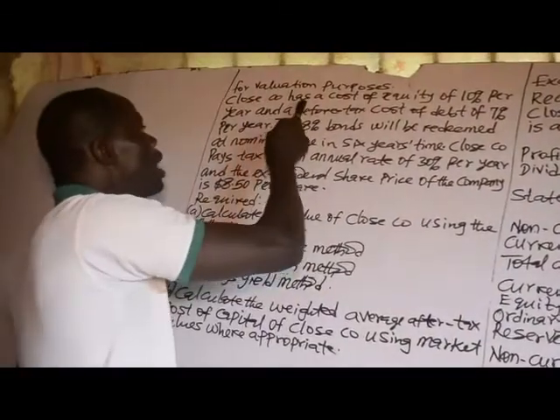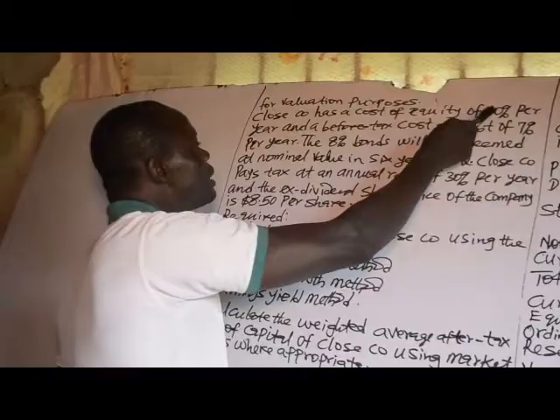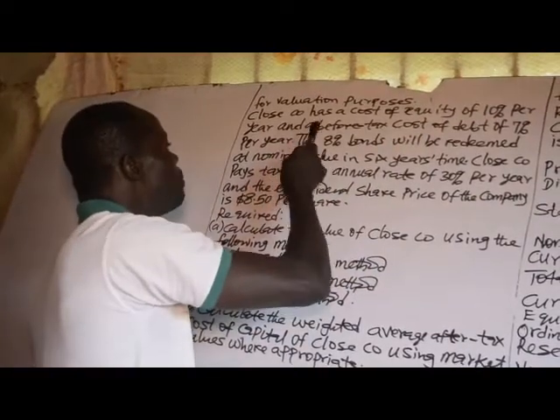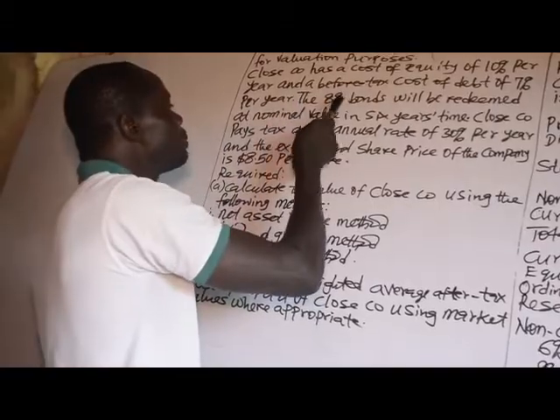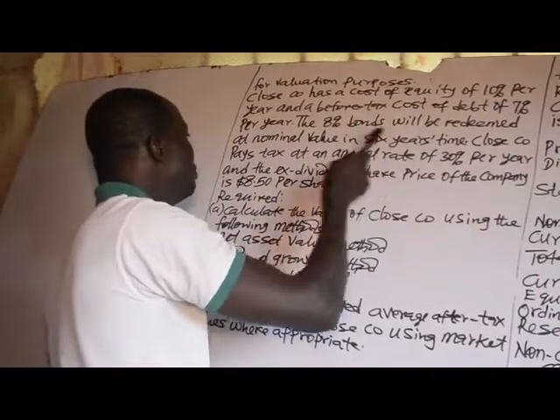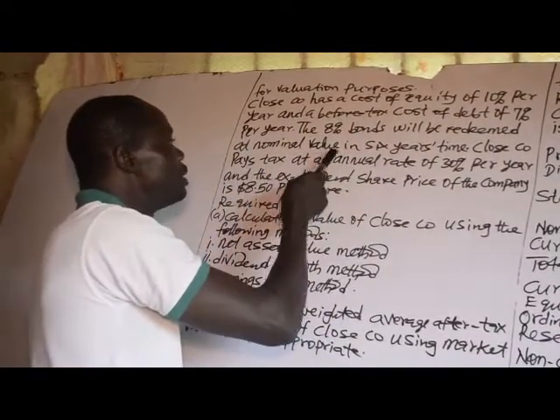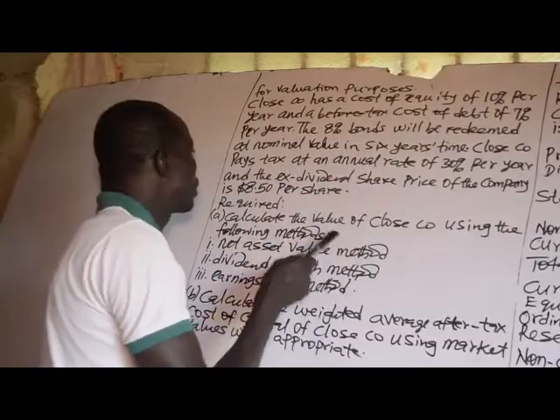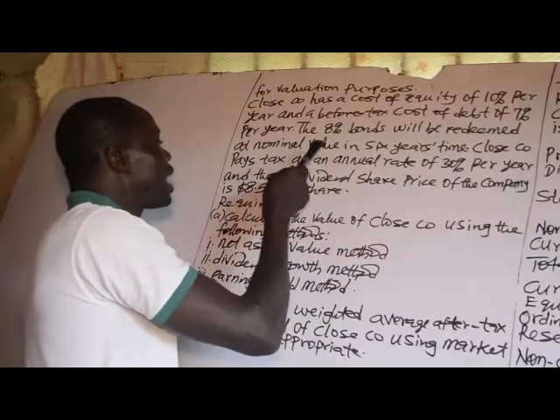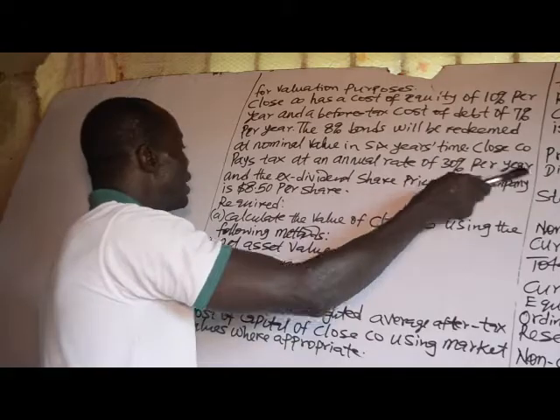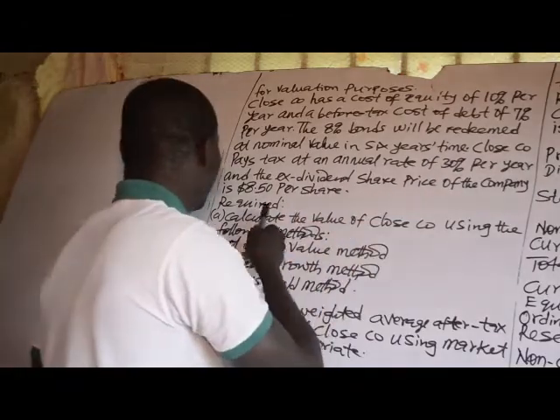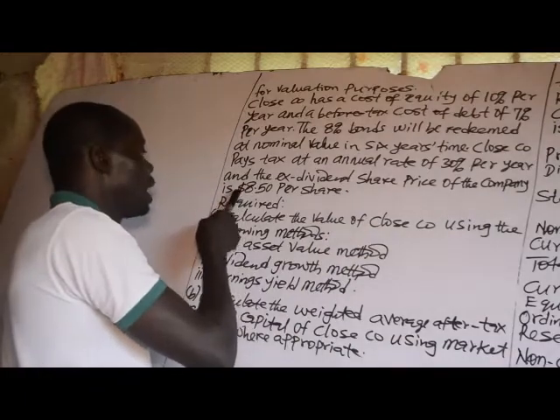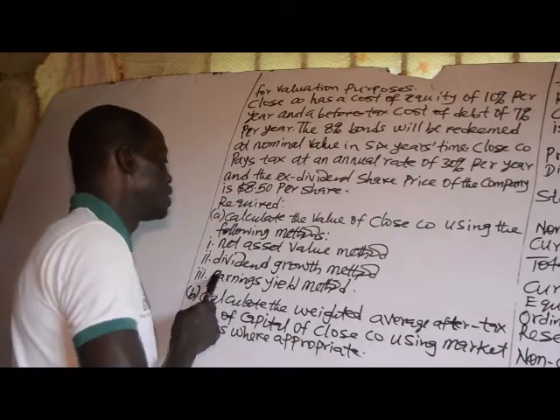Close Co has a cost of equity of 10% per year and a before tax cost of debt of 7% per year. The 8% bonds will be redeemed at nominal value in 6 years' time. Close Co pays tax at an annual rate of 30% per year, and the share price of the company is $8.50 per share.